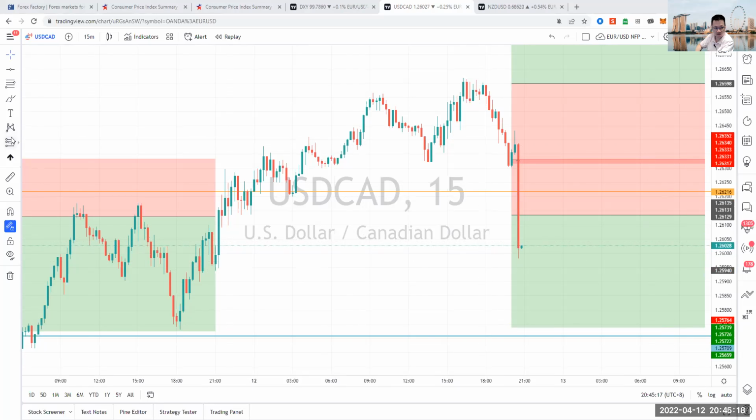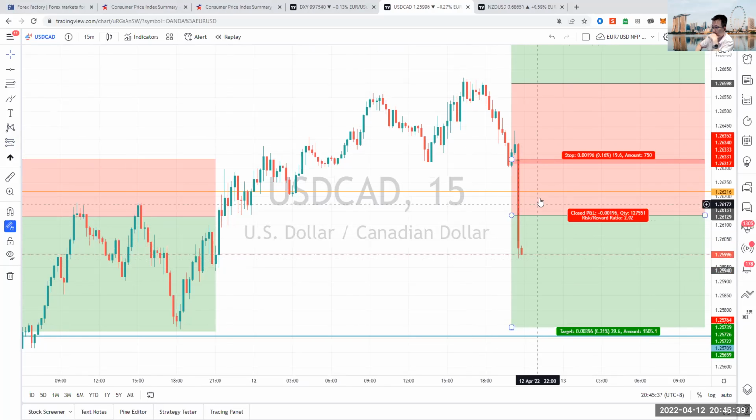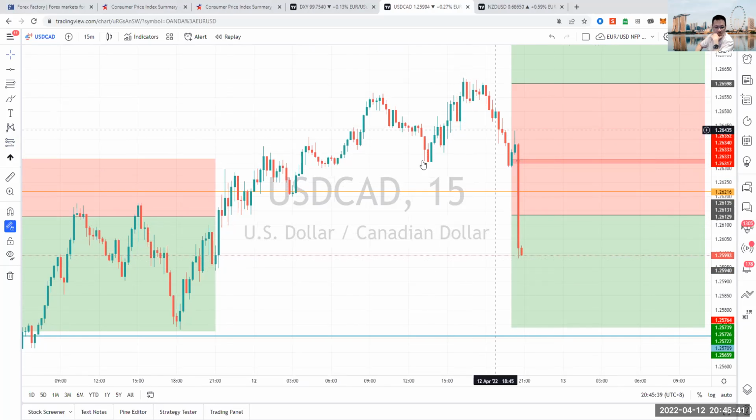As an update, we're likely to be looking for a trade. You could be looking at 1.2600. If it stays below 1.2600, you can be looking to sell. I think it's going to come down a bit before bouncing back up again. Just be very careful. So did you get into that trade?